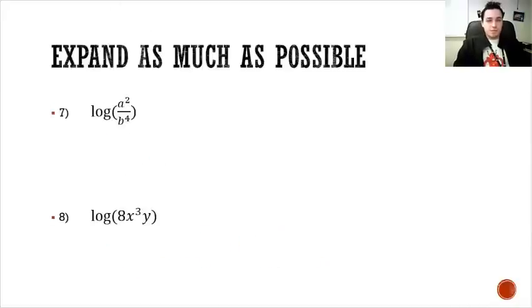Expand as much as possible. So this is the opposite. Here, begin with the biggest picture first and split it down into its smaller things. So the big picture in this problem is that it's a big fraction. Fraction split into subtraction. So I'm going to rewrite this as log of the top, which is a squared, minus log of the bottom, which is b to the 4th.